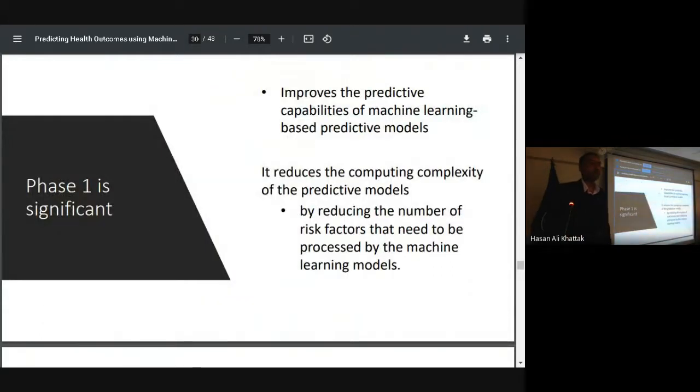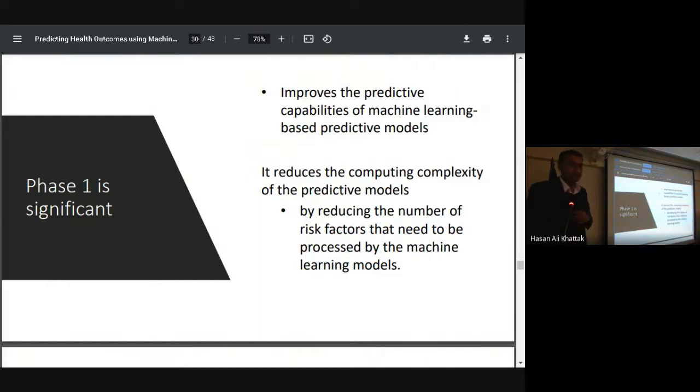This improves the predictive capability of the machine learning based predictive model, as it reduces the overall complexity of the model, and also by reducing the number of risk factors that need to be processed by the machine learning models, it can run easily in a short time.